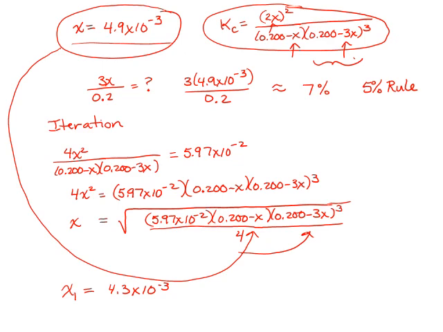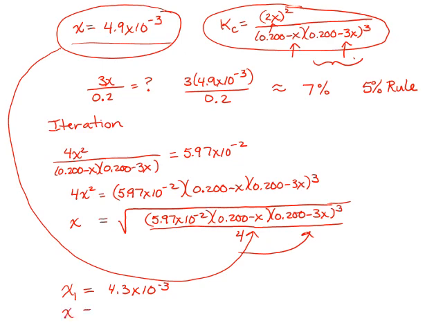Notice that it's not the same as our original value of x, but it's not that different either. What we want to do is keep doing this until it converges. Converges means that we get the same value out that we put in.